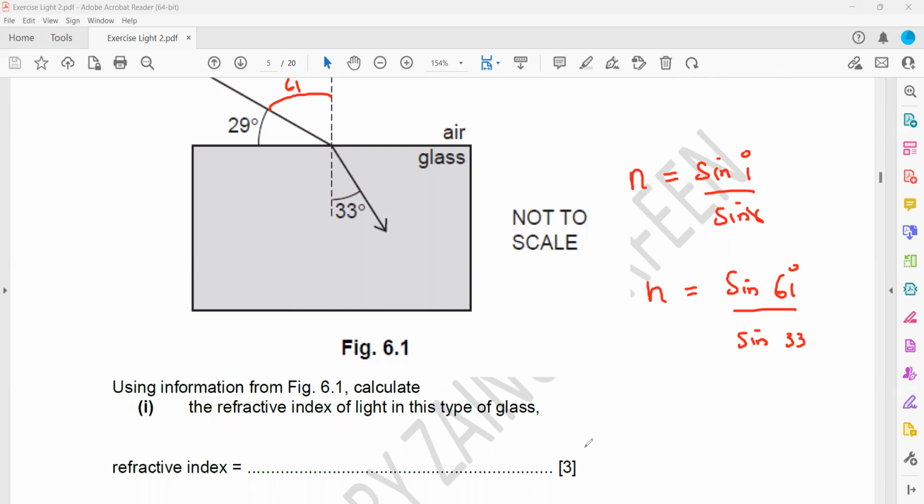What's the answer? Sine 61 divided by sine 33 is 1.6. So we'll write 1.6, and the refractive index does not have any unit. So don't write any unit, as it's just a ratio.